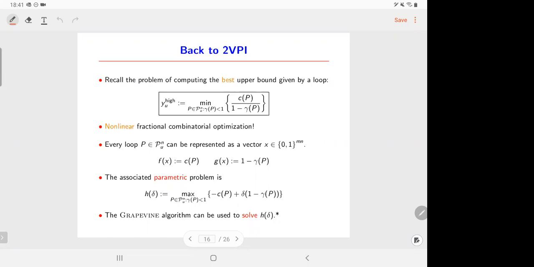Back to 2VPI, we'll now try to combine these two problems. Recall, we are interested in computing yu high, which is just the best upper bound given by a flow absorbing loop.